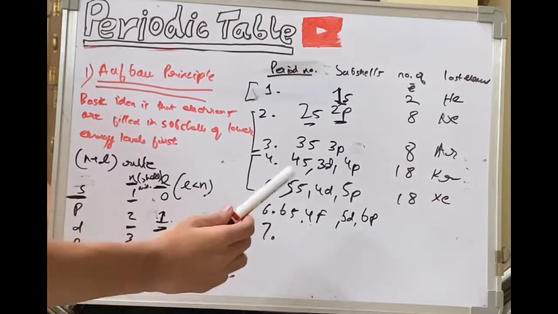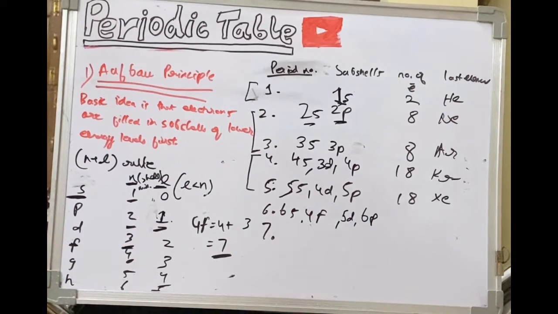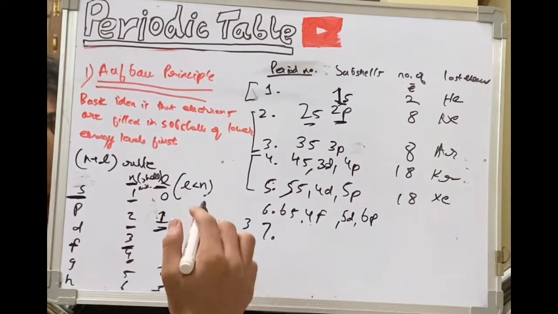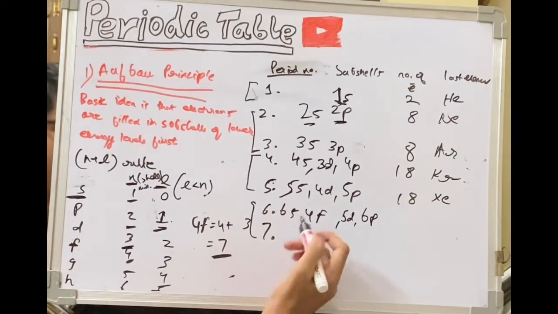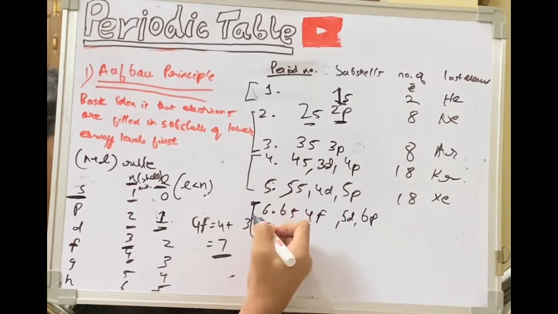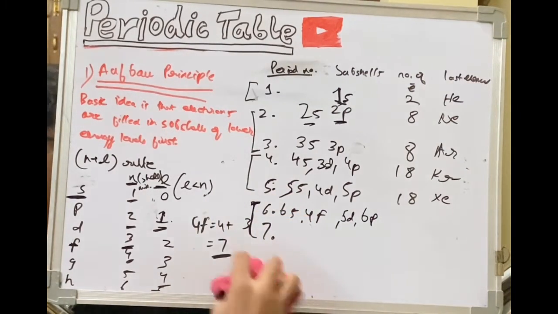So we'll take this. 6s will be 6 plus 0, so it will be definitely less than this. And then there is 6p. 6p will be higher. 6 plus 1, it will be 7, and since it has got more n value, it will be pushed in front of 5d. Now for these two, there will be only 4 elements, right? We have generated a pattern over here, you can say.